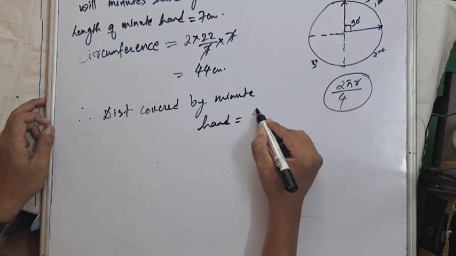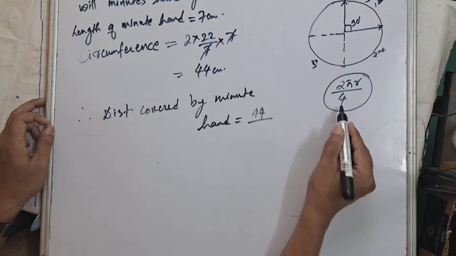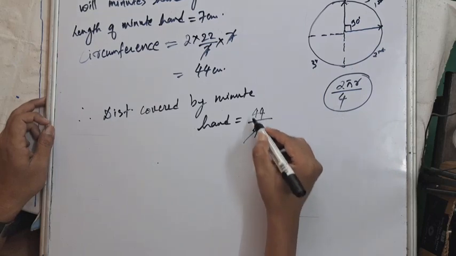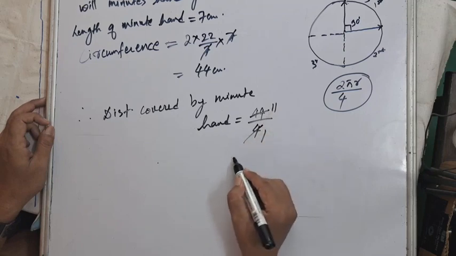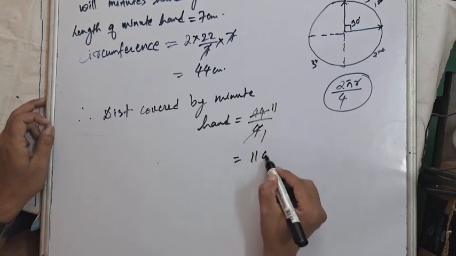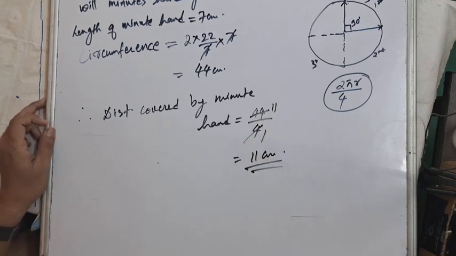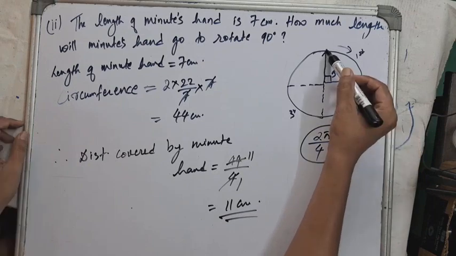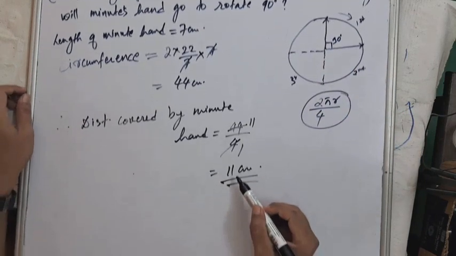So the total distance is 44 divided by 4, isn't it? 4 1s are 4, 4 11s are 44, so 11 centimeter. So this is the answer or the solution for question number 2. While rotating 90 degrees, the minute hand completed 11 centimeter distance.